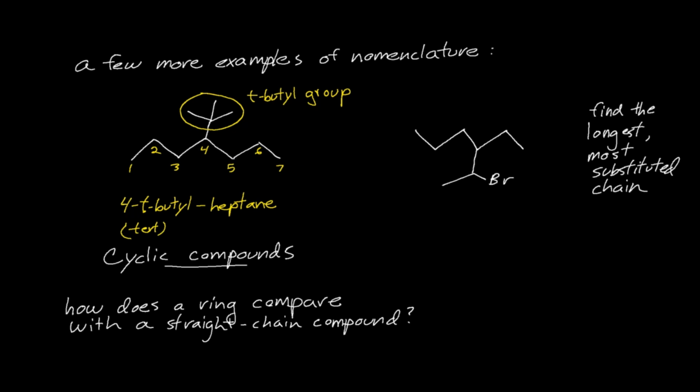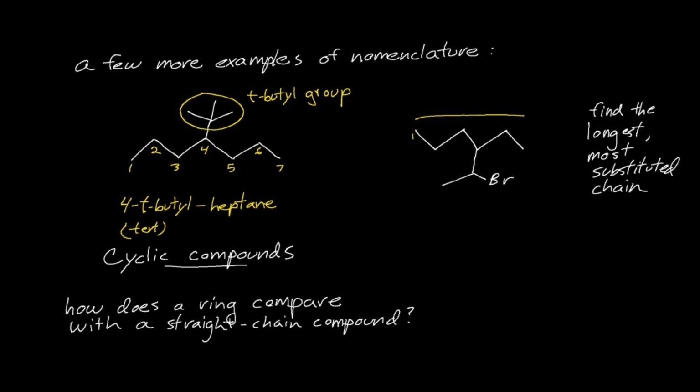Find the longest, most substituted chain if you have multiple substituents. So looking here, we've got a chain that appears to be 1, 2, 3, 4, 5, 6 if you just use the straight chain part of it.